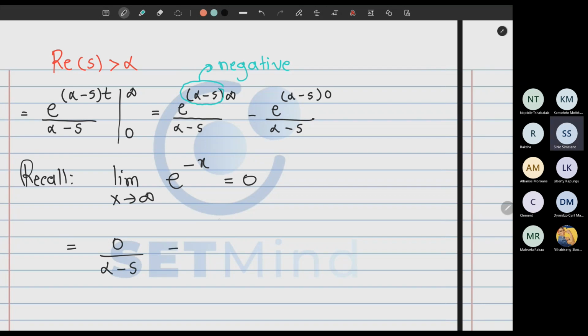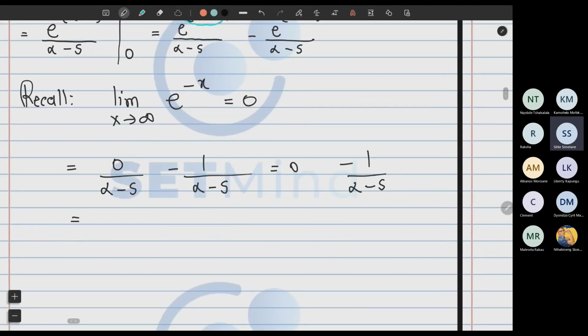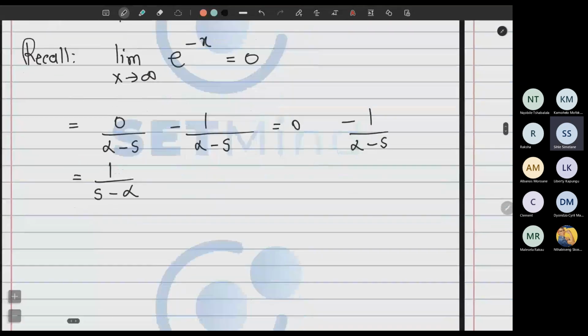The second part, the numerator is simply 1, because what we get is e to the 0, divided by alpha minus s. So if you look at this carefully, it's the final answer. If you multiply the denominator by a negative and the numerator by a negative, what you get is simply 1 over s minus alpha.